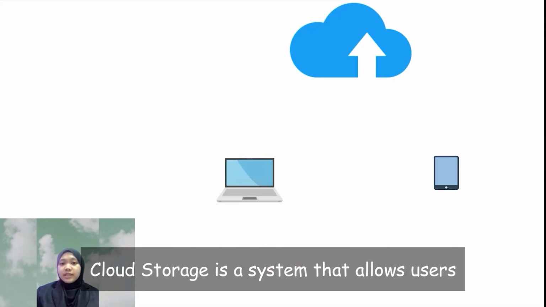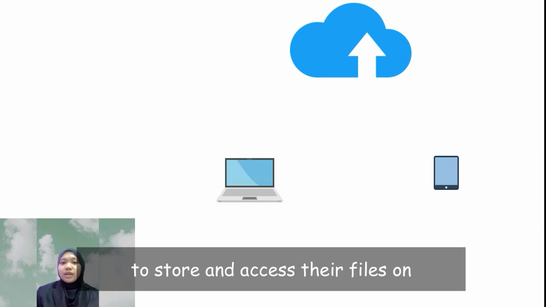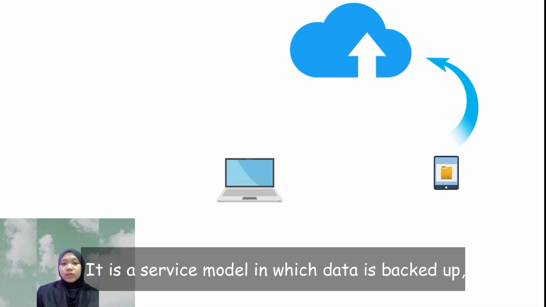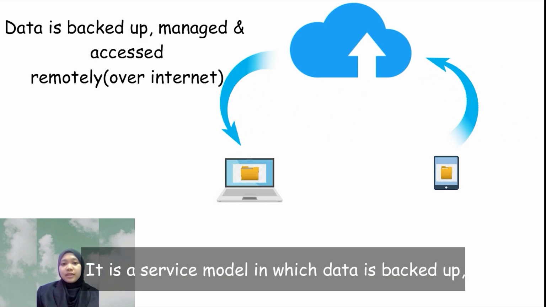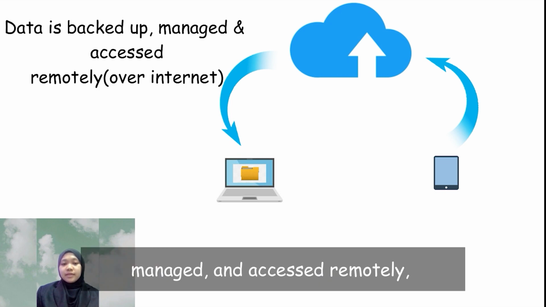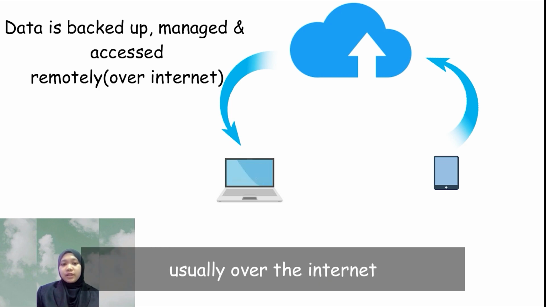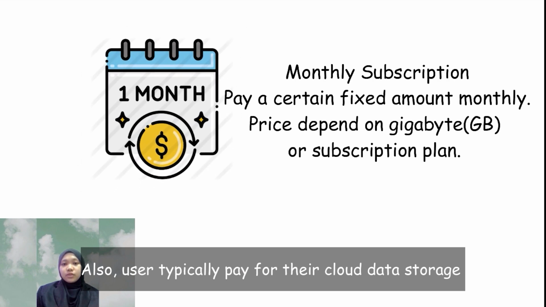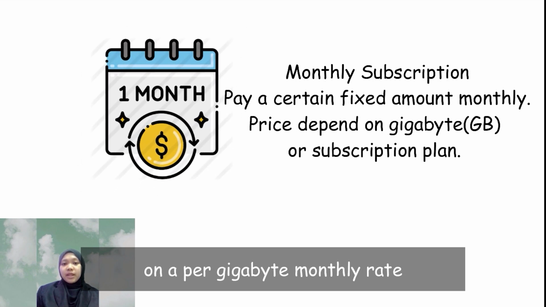Cloud storage is a system that allows users to store and access their files on remote servers through the internet. It is a service model in which data is backed up, managed, and accessed remotely, usually over the internet. Users typically pay for their cloud data storage at a per-gigabyte monthly rate.